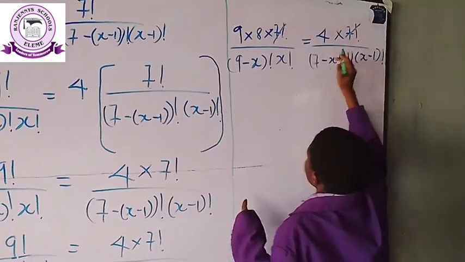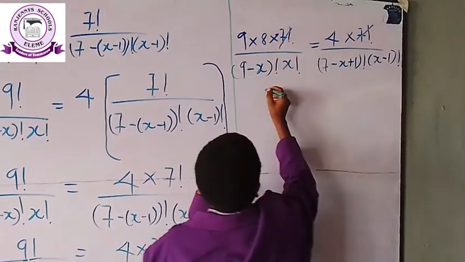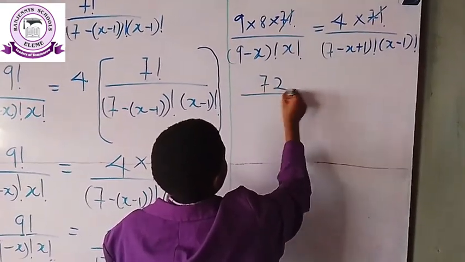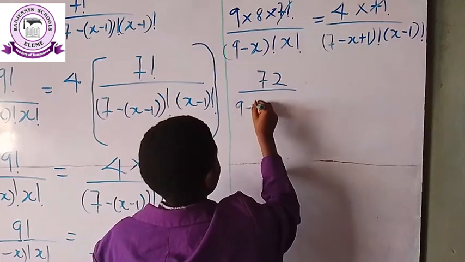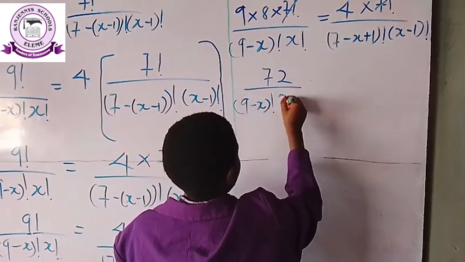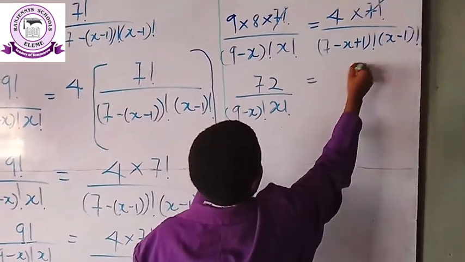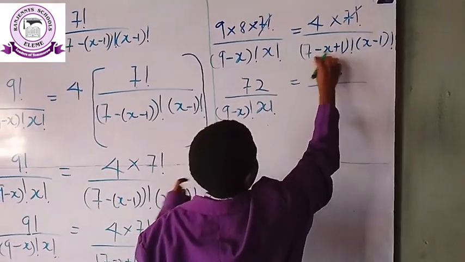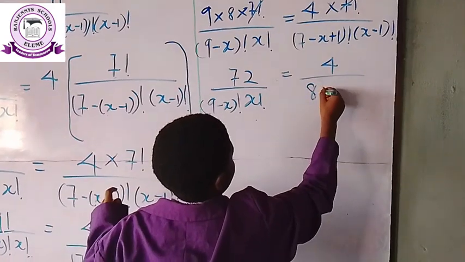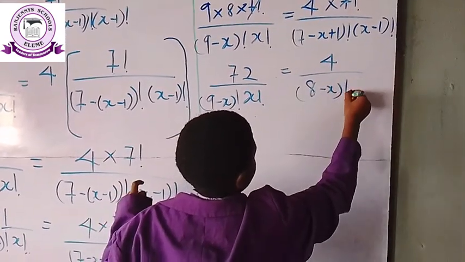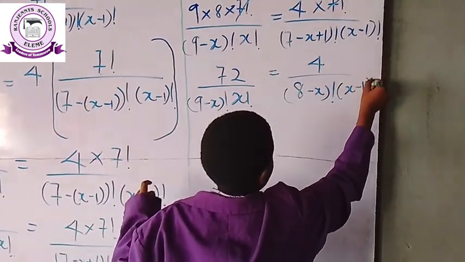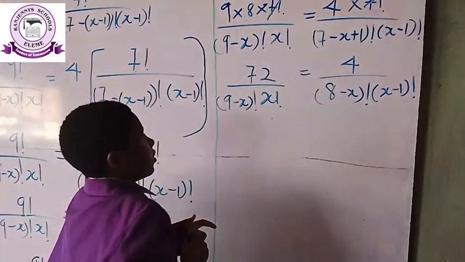This and this will cancel themselves. 9 times 8 is 72. So 72 over 9 minus x factorial x factorial equals 4 over 8 minus x factorial x minus 1 factorial, since 7 plus 1 is 8.